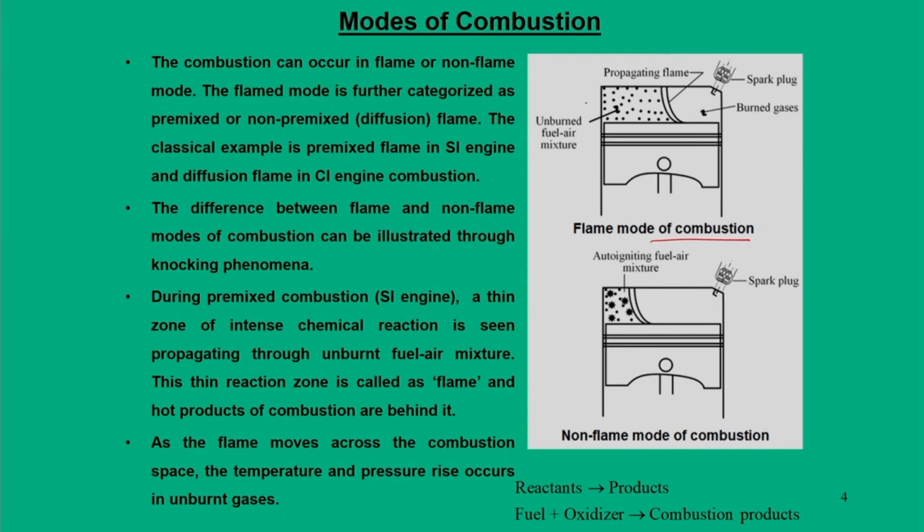As the flame propagates from left to right, the reactants and products mix together and form burnt gases, whereas on the other side of the flame we have unburnt fuel air mixtures, but slowly they get reacted as and when the flame enters their zone.